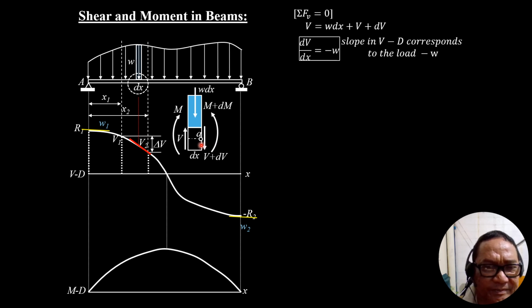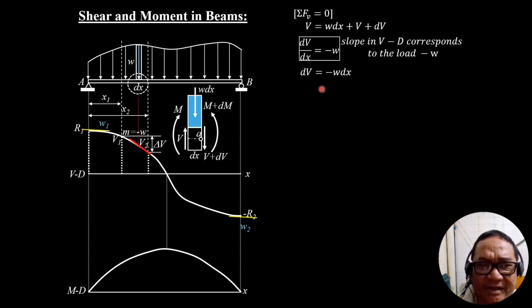So to continue, the slope at this point represented by this red tangent, because if we project above, it is W in general, so the slope is the negative of that W from this result here. So remember, slope of the shear curve is the intensity of the load above.